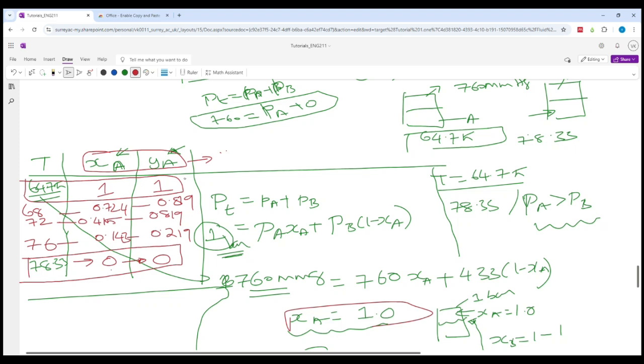If they both are equal to 1, which means the other component is equal to 0. So this should be a pure system and this temperature should be equal to the boiling point of A.